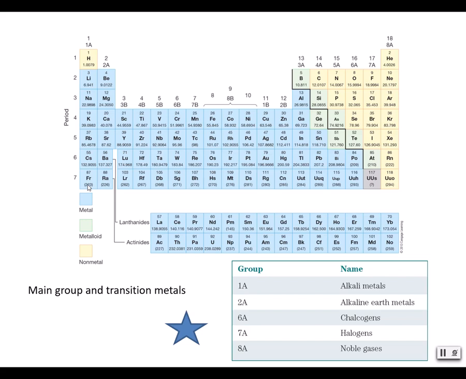That little star is a reminder that you do need to know these names, along with the lanthanides and actinides. These are transition metals, but those regions of the periodic table have particular names. So make sure you know the associated name with a particular group number.